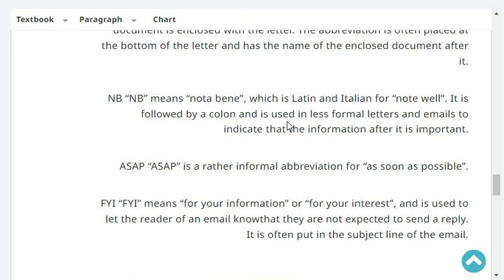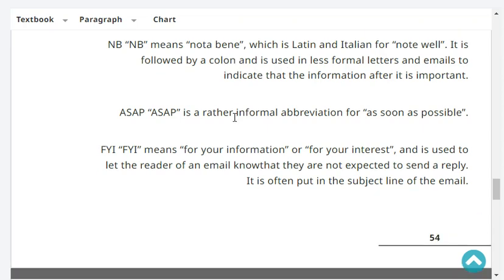NB means nota bene, which is Latin for note well. It is followed by a colon and is used in less formal letters and emails to indicate that the information after it is important. ASAP is a rather informal abbreviation for as soon as possible.